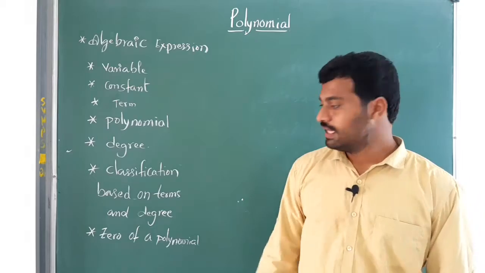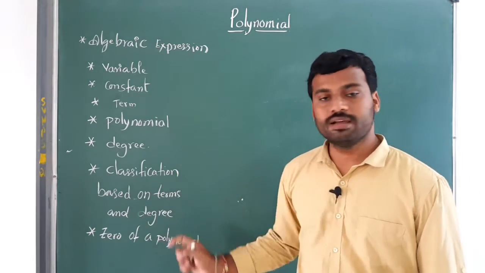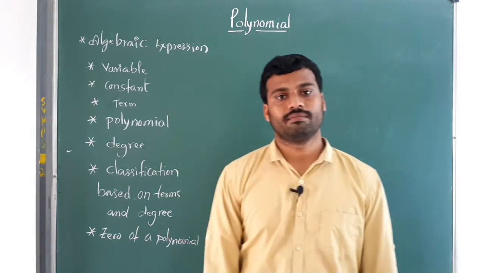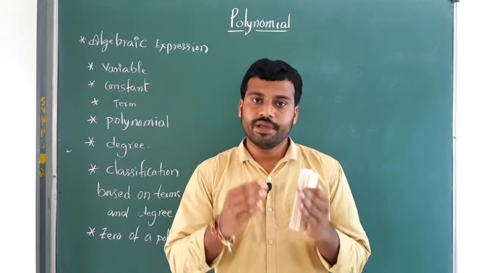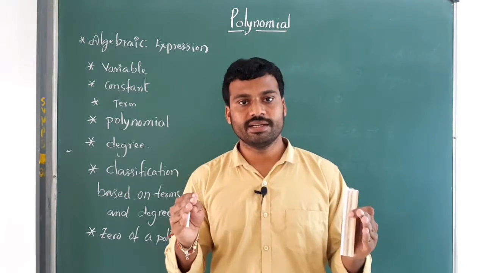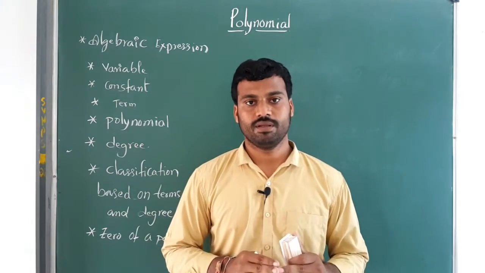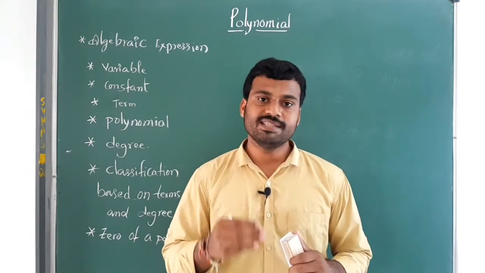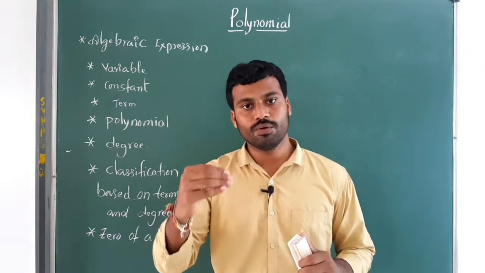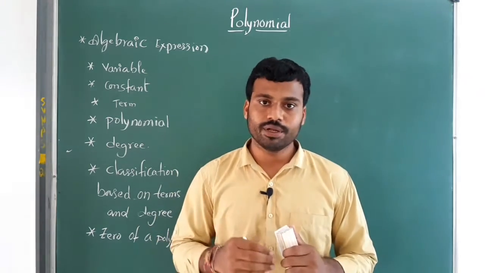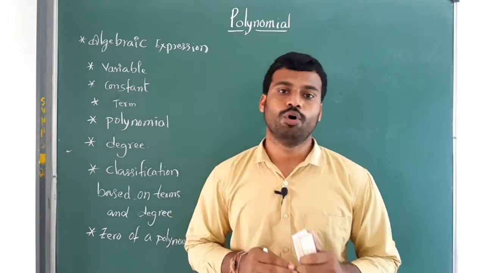So, next is classification based on terms and based on degree. The polynomial we are going to classify in two categories. One is based on terms, one is based on degree. First I will go with the one based on terms, how we are going to classify the given polynomial.